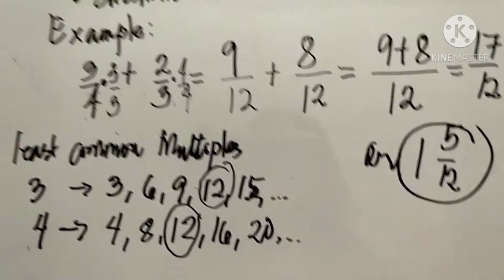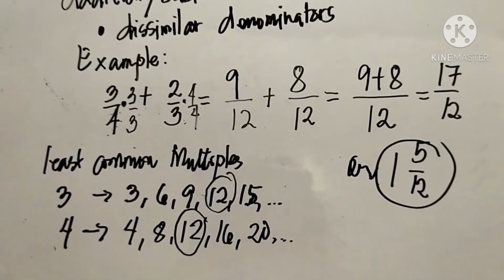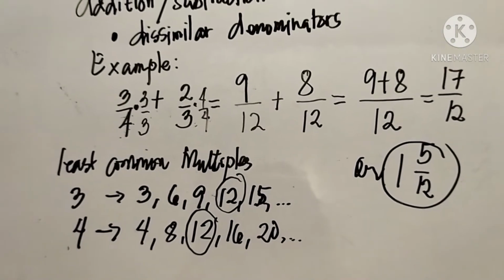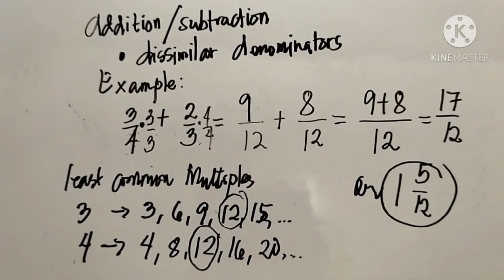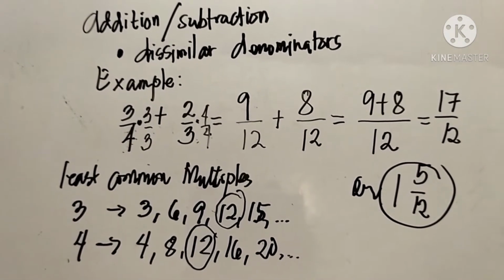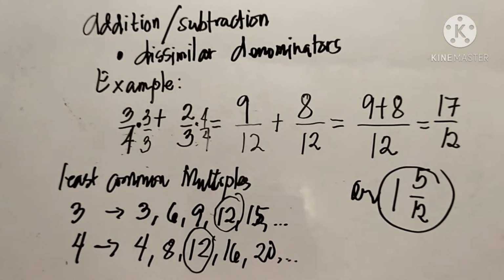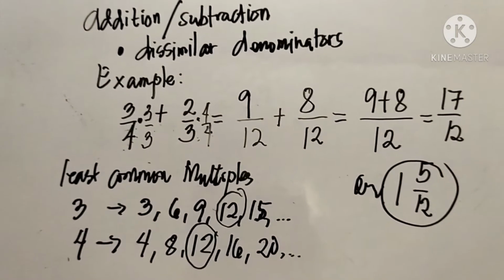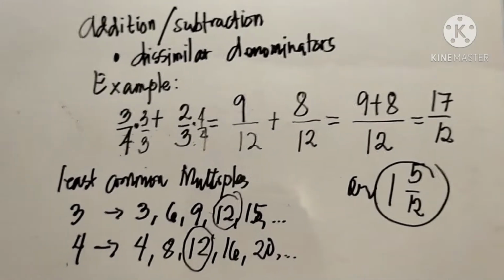That is reducing to lowest term, I mean. So that is now how to add or subtract rational numbers with dissimilar denominators.